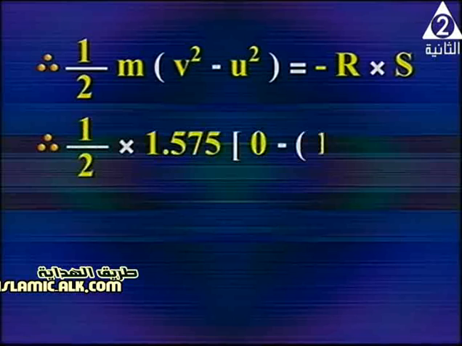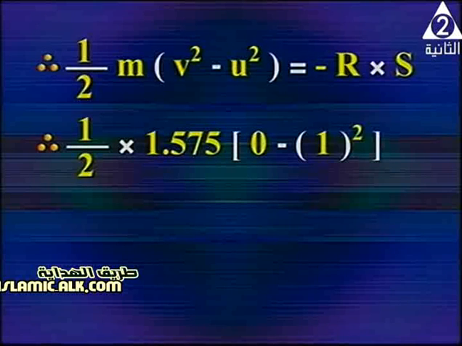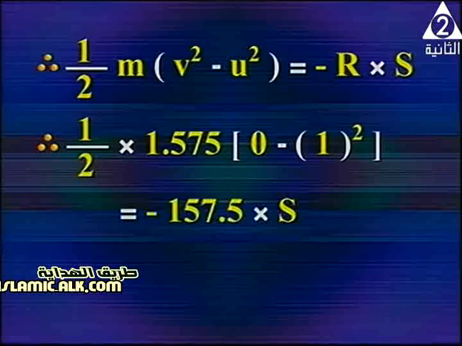So half times 1.575 multiplied by (0 minus 1) to the power 2, because the final velocity equals 0, equals negative 1.575 times s. What is s?